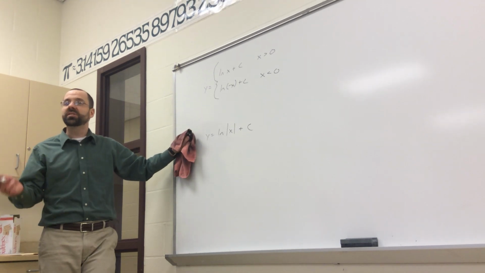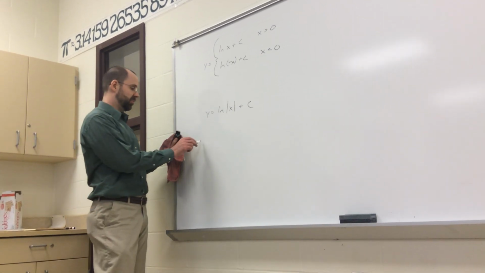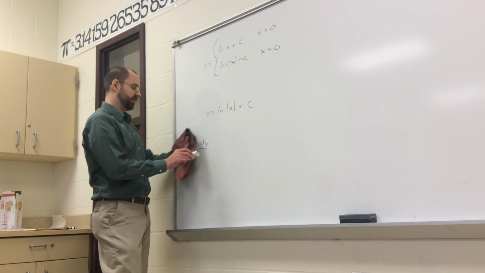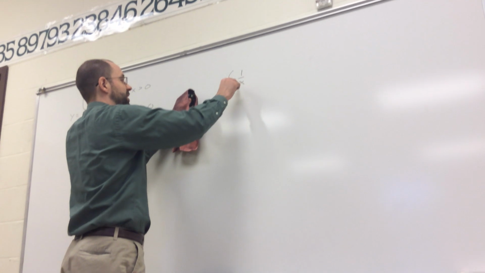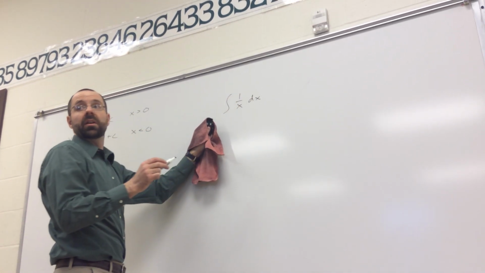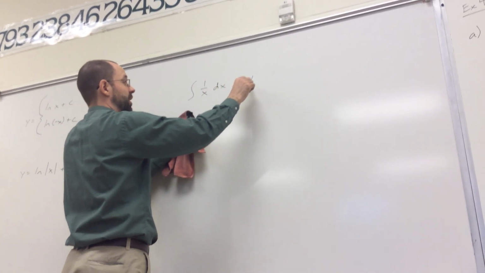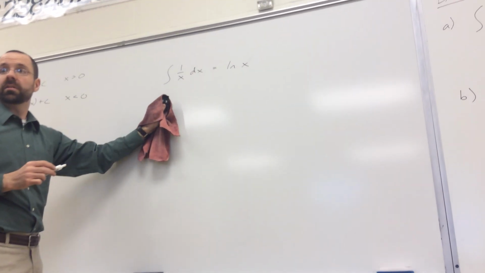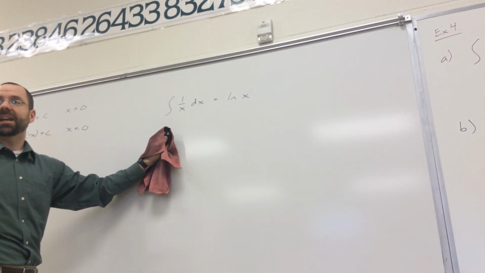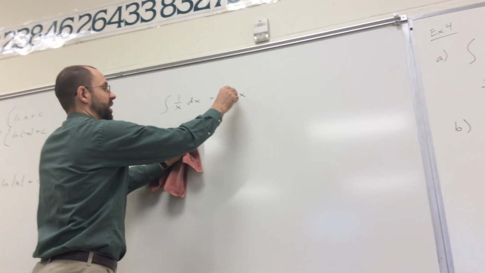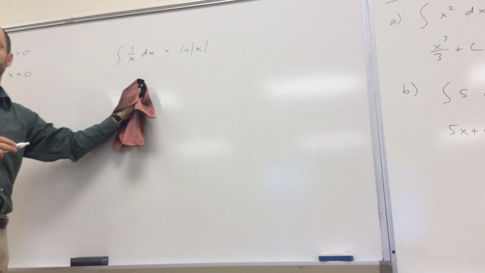Okay, so when you walked in the door today, if I had asked you what's the antiderivative of 1 over x, you would have said the natural log of x, right? But the complete answer is that it's the natural log of the absolute value of x.